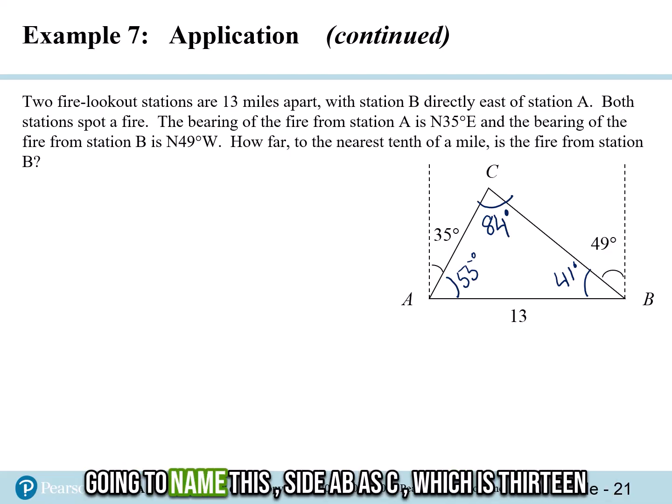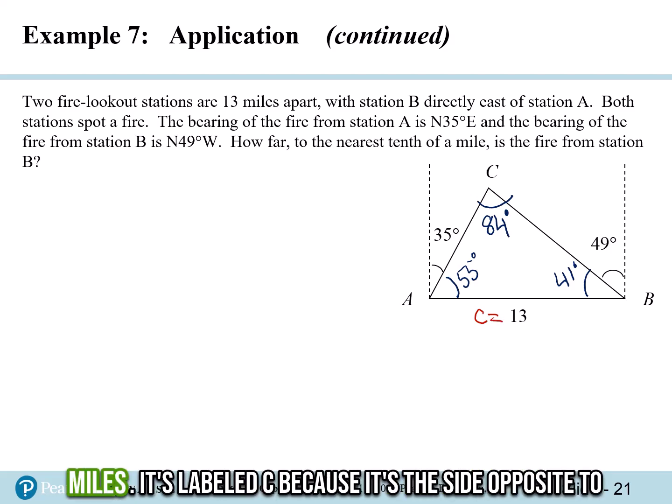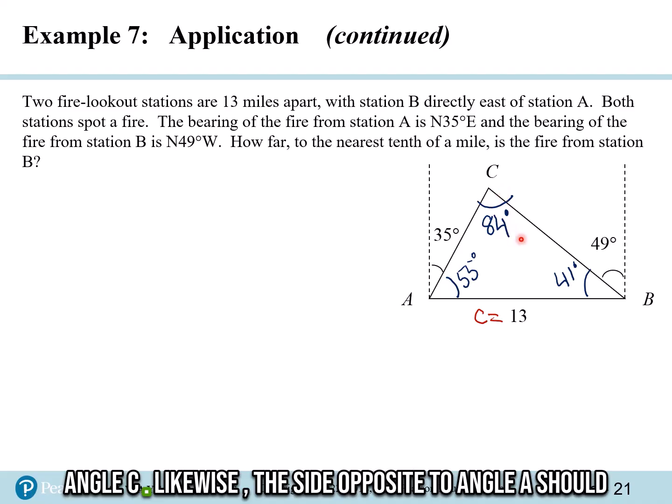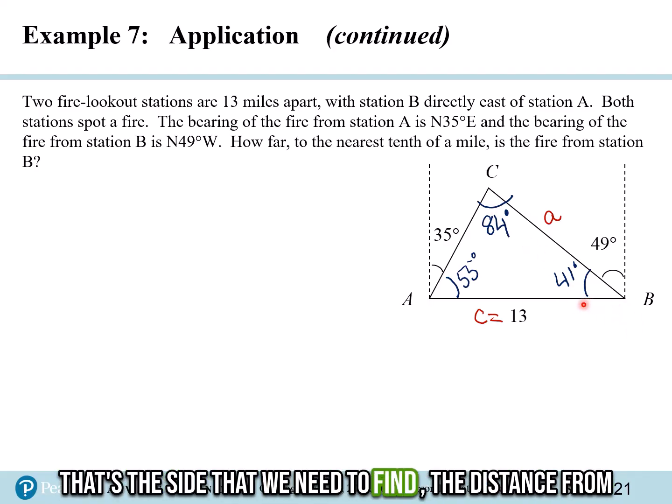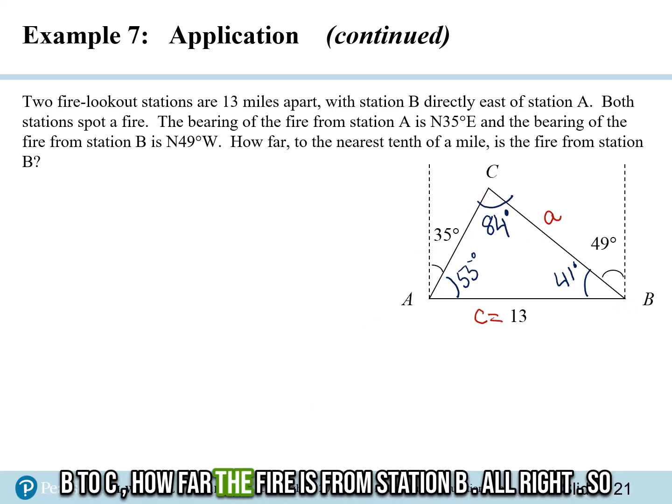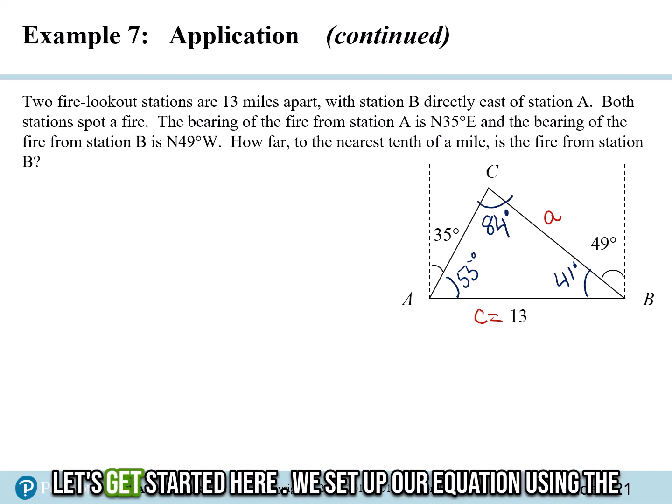So I'm going to name this side AB as C, which is 13 miles. It's labeled C because it's the side opposite to angle C. Likewise, the side opposite to angle A should be labeled as lowercase a, and that's the side BC, the side that we need to find: the distance from B to C, how far the fire is from station B.